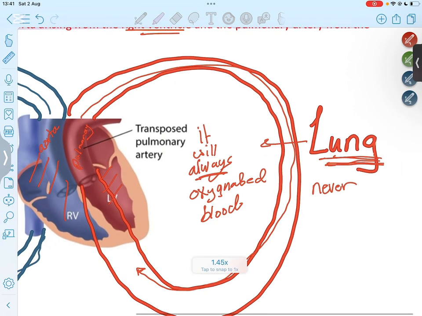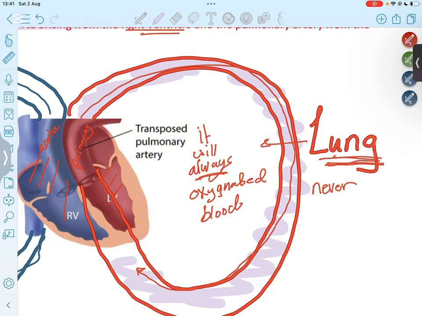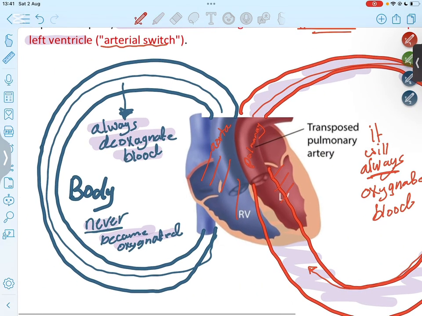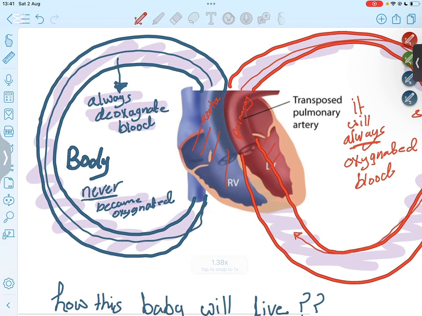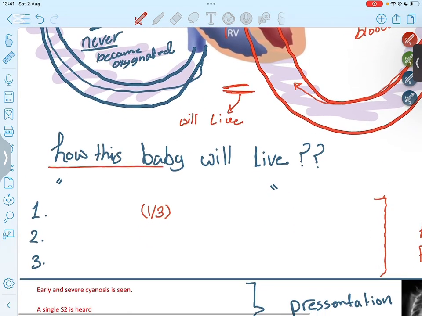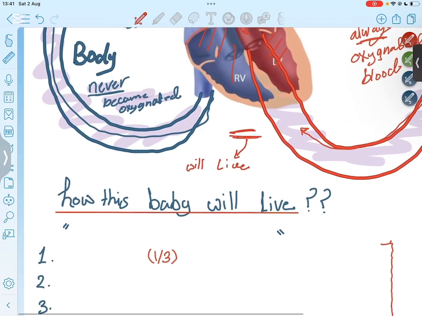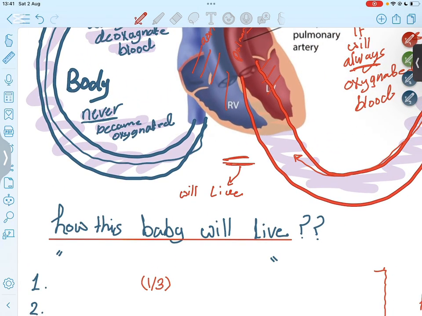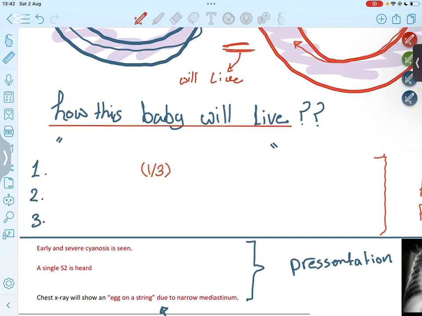So the blood carried by the pulmonary artery will always be oxygenated, but the blood carried by the aorta will always be deoxygenated. So how will this baby live? We need oxygen in the body to live, right? So how will this baby live?